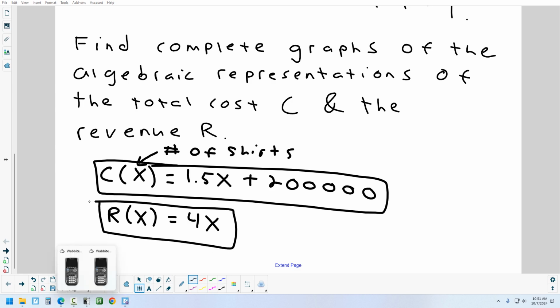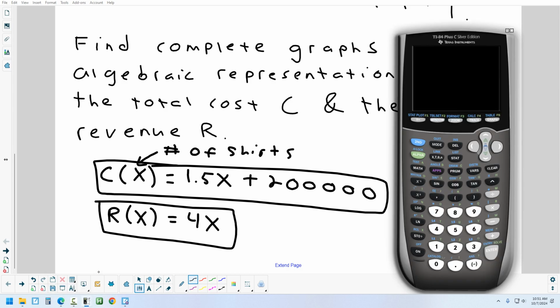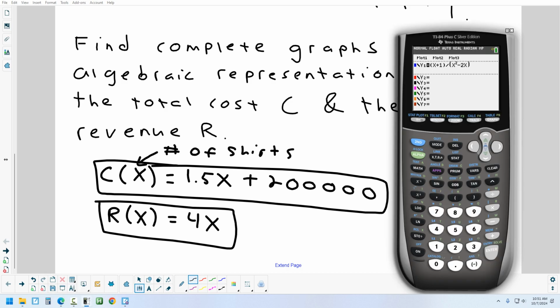Now it says to find a graph. What's my y-intercept in the cost equation? Yeah, Anthony? 200,000. So when we set our window, I would probably go above that. Let's go 250,000.